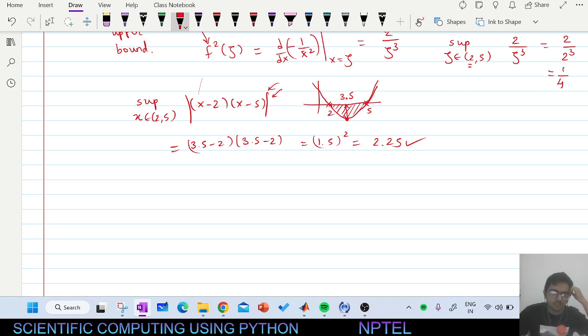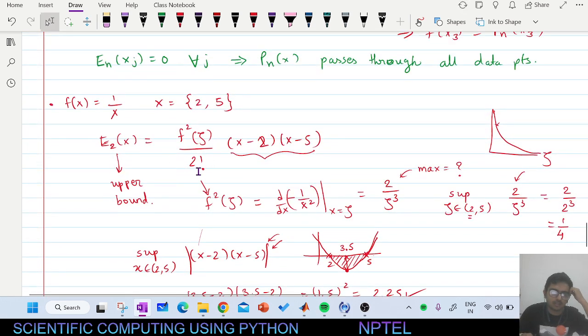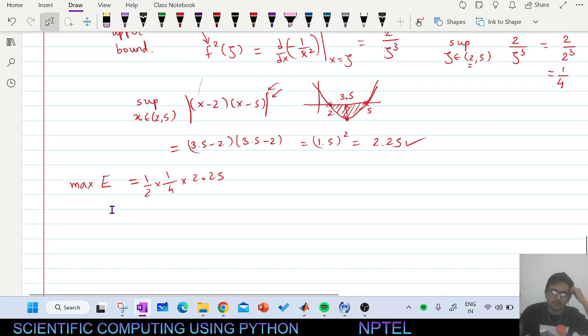So now our maximum error becomes the product of this 1 over 4 into 2.25, and there was a factor of 1 by 2 factorial sitting here. That turns out to be 0.28. So not bad.